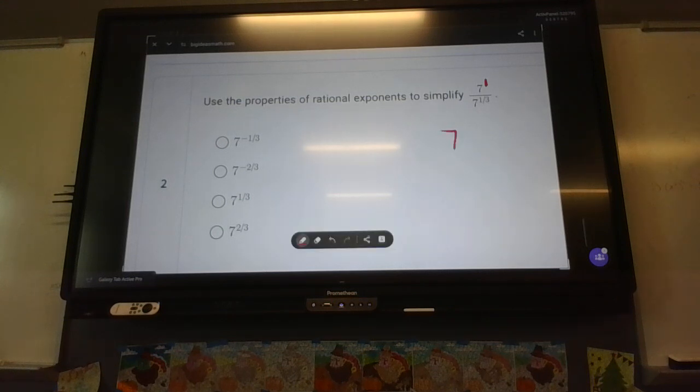So we're going to get this down to 1 base 7 and do 1 minus 1/3. 1 is the same as 3 over 3. If you get a common denominator, 3 over 3 minus 1 over 3 is 2 over 3. So this one's letter Z. Same property you've done before, but you have to get a common denominator.